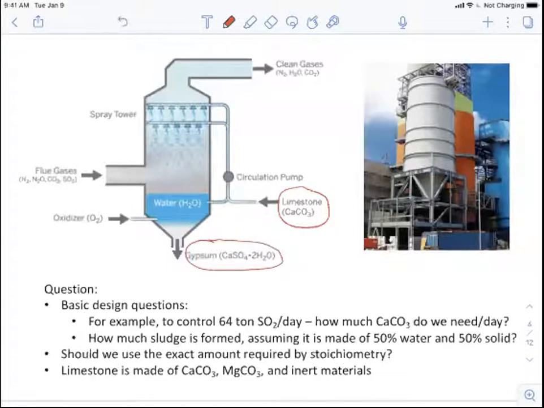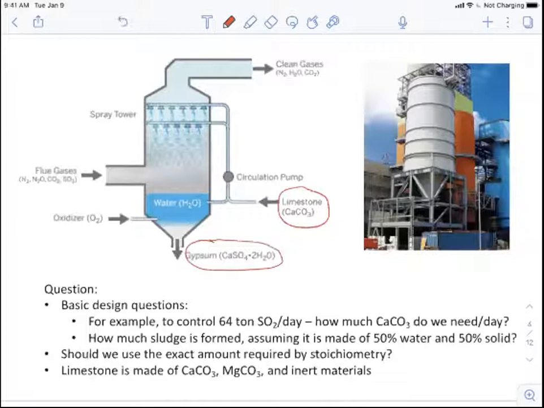These are the important parameters to a coal-fired power plant or other industries because they have to come up with a transportation system, right, to make sure that they have enough limestone to neutralize these acidic gases.